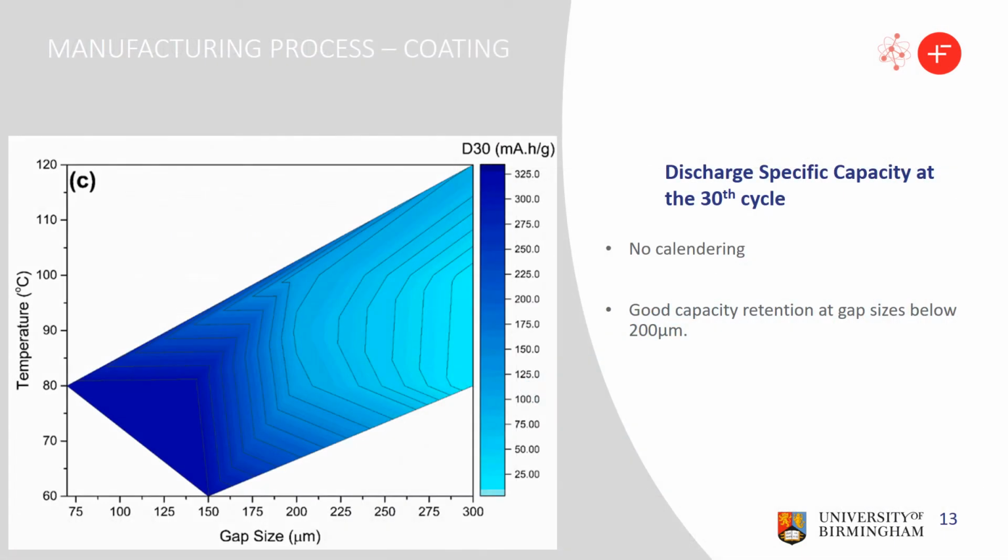So finally here we see how the drying temperature and the gap size correlate to the discharge specific capacity at the 30th cycle. Again, it's the same cells that we've shown before, and as you can see, there's a vast variation in the D30 values from below 25 milliamp hour per gram up to over 325 milliamp hour per gram.